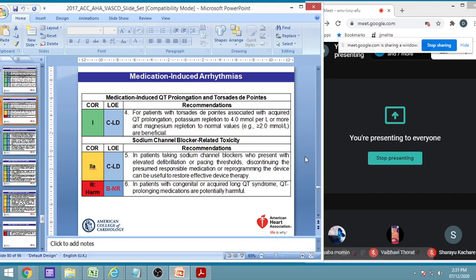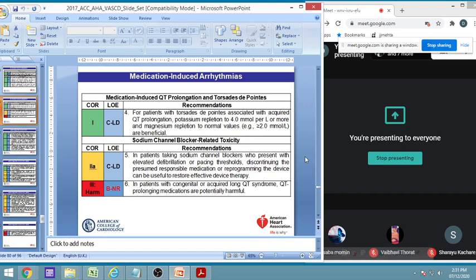Sodium channel blocker related toxicity can be there. Patients taking sodium channel blockers, you know what sodium channel blockers are. All class 1 drugs are sodium channel blockers. If you have classified them, or you have studied them earlier during pharmacology, all the drugs in class 1A, class 1B, class 1C are sodium channel blockers. These present with elevated defibrillation or pacing threshold.